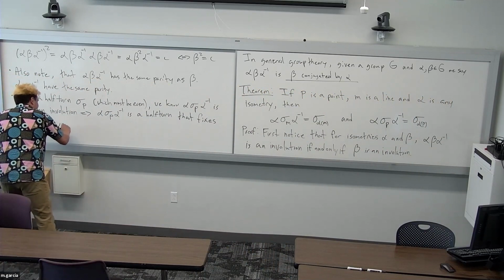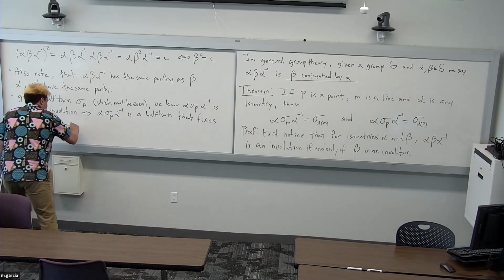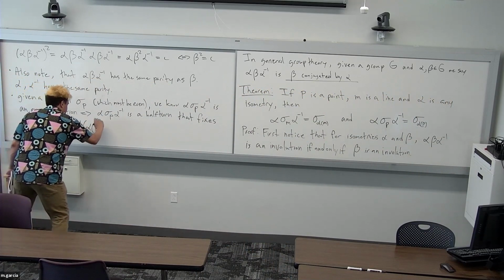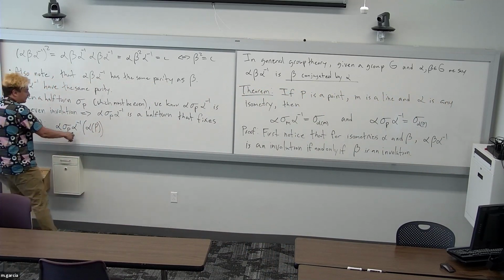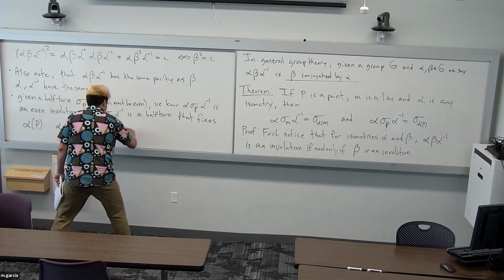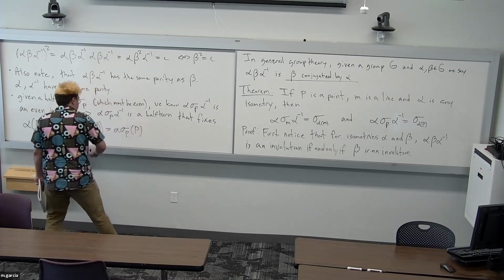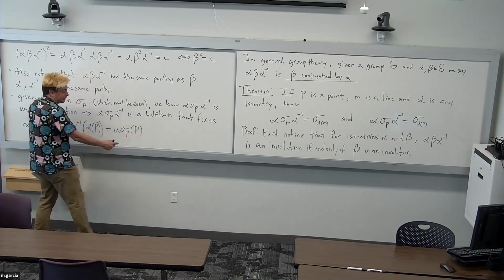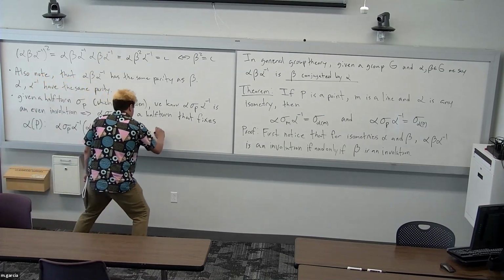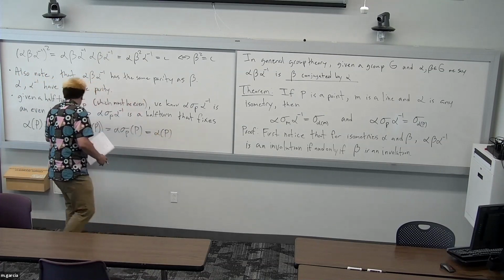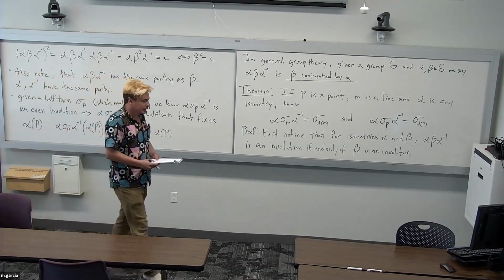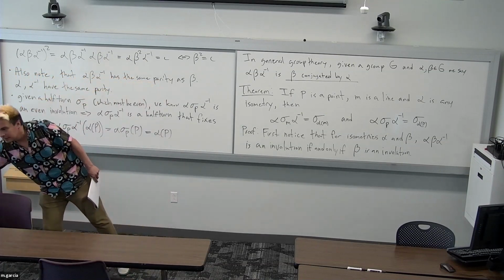So we want to take alpha times sigma sub p times alpha inverse of alpha of p. Okay, so alpha inverse of alpha of p is just p, right? So I get alpha times sigma sub p of p. P is the point that sigma sub p fixes, so this just gives me alpha of p, which is what I started with, which is what I put in to the half turn in the first place.